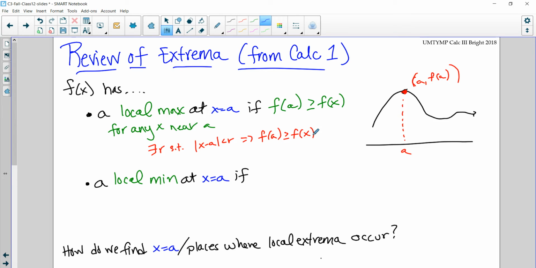Okay, so we can do that. Mins are defined in the exact same way. It's just instead of f of a being bigger, f of a is now smaller than f of x for all x near a. Okay, and so that's our standard parabola that opens up type idea.